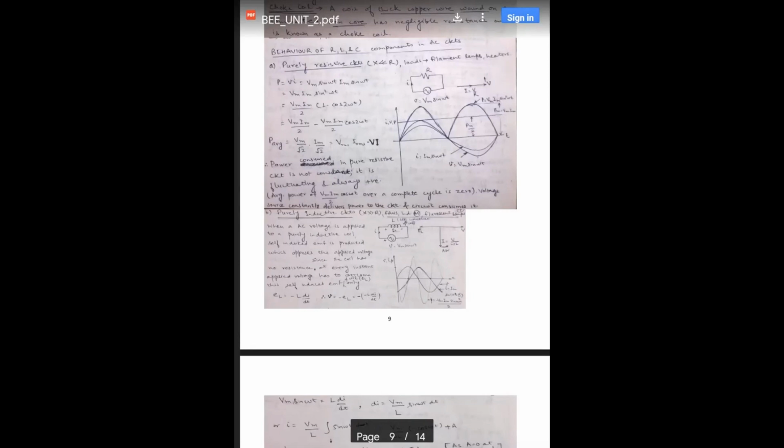Now we have to calculate the instantaneous power. Since we are talking of the instantaneous power, it is denoted by small letter p, and it is equal to small v small i.